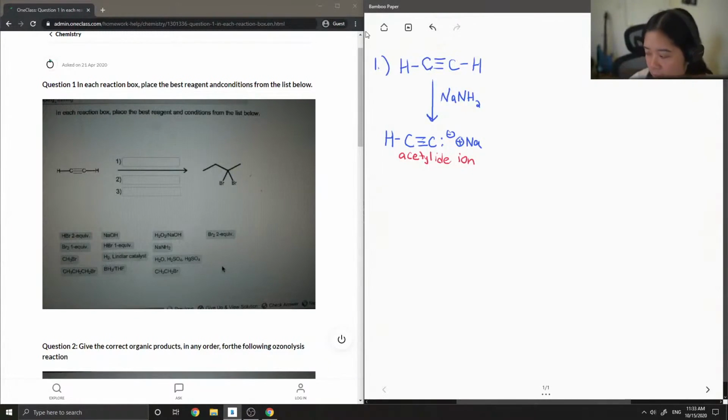Okay, so when you react this sodium amide with the triple bond, you get this acetylide ion. This is actually an excellent nucleophile, and what it does is that it's able to react with alkyl halides to form new carbon bonds.